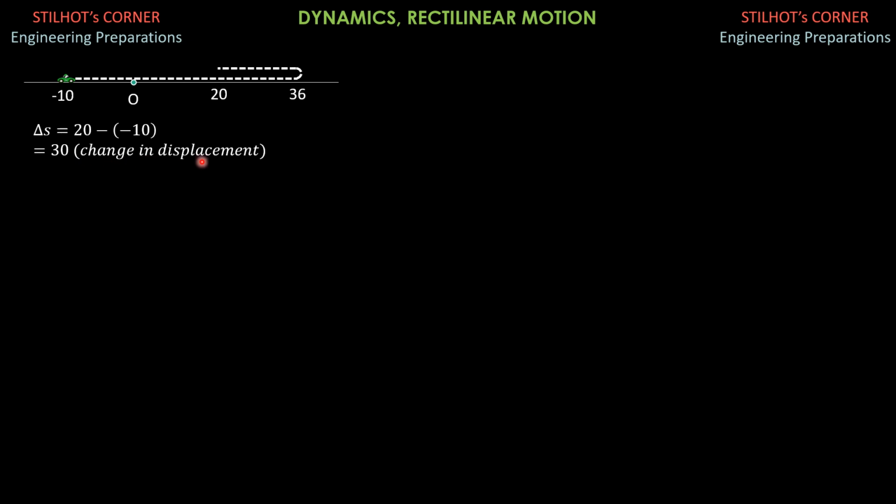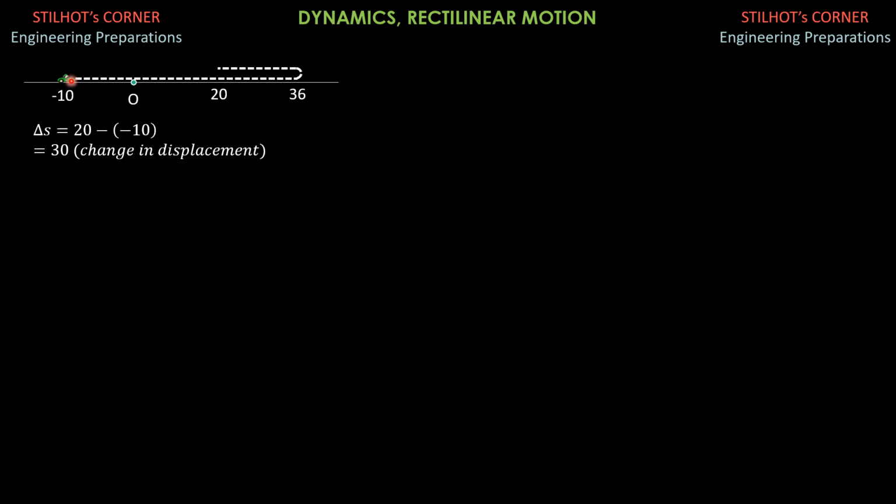Whereas the actual distance traveled is the total length of the path actually traveled or traced by the particle. So from this position to the origin, that's 10 units. Then it moves to this position here, plus 36. Then it goes back to this final position at 20, and this distance is 36 minus 20, or 16 units.